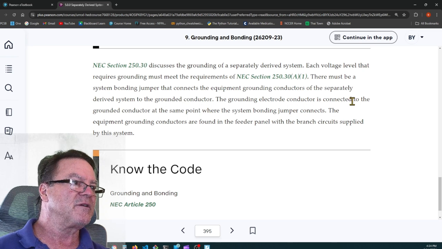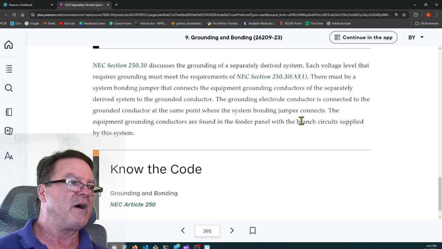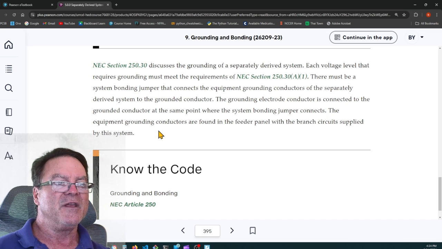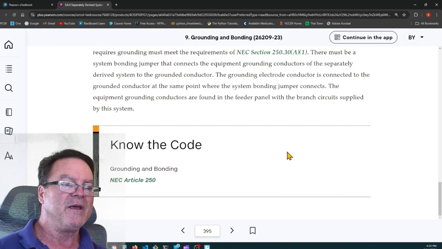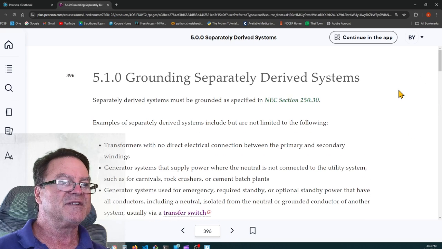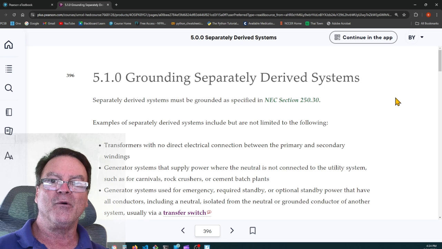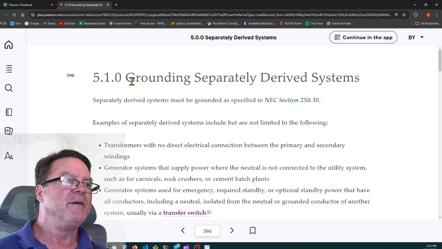The grounding electrode conductor is connected to the grounded conductor at the same point where the system bonding jumper connects. The equipment grounding conductors are found in the feeder panel with the branch circuit supplied by this system. That's why they say it's separately derived. You have a new system that needs to be grounded and bonded, just the same as the incoming service.